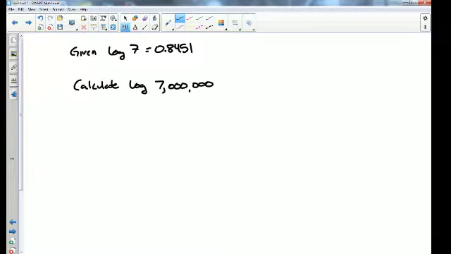So 7 million is, okay, we know this is base 10, right? So we want to get this in terms of a million, if we could. So this is actually a million times 7, right? Can I split that up? Properties of logs. How can I separate these two items so I can calculate them with what I know? Log 1 million plus log 7.